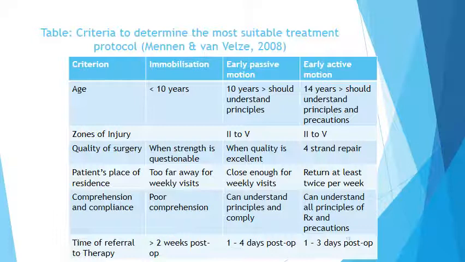Definitely age, the zone of the injury, where the injury has occurred in the hand, the quality of the surgery, and the patient's place of residence. Are they close to your practice or the hospital, or are they far away?